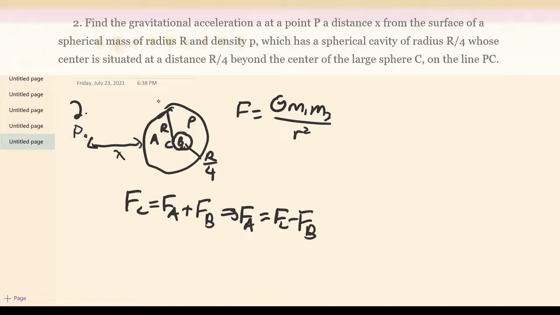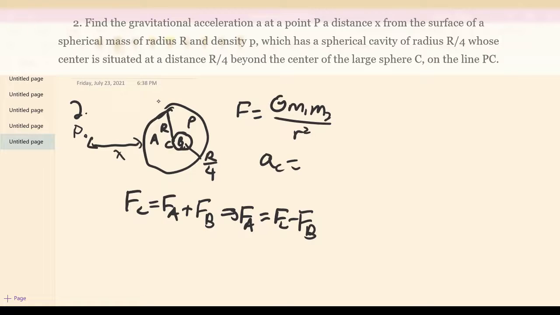We have FC equal to G times M. For this problem, we're trying to find the acceleration at this point P, so it might be better to just find acceleration here.